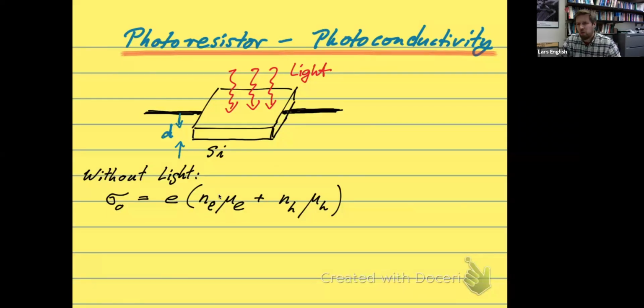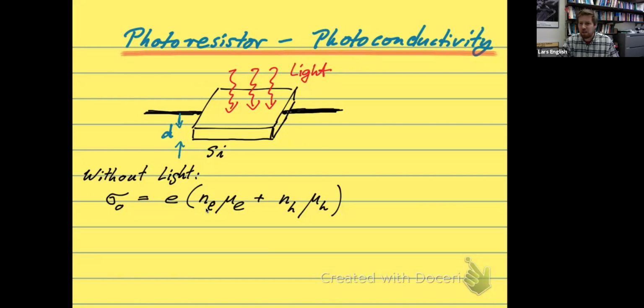Now, of course, when light is absorbed and an electron is promoted into the conduction band, it leaves behind a hole. So one thing that happens when a photon is absorbed is that we create an electron-hole pair. And so I have to augment this formula to accommodate that, to model that, right?